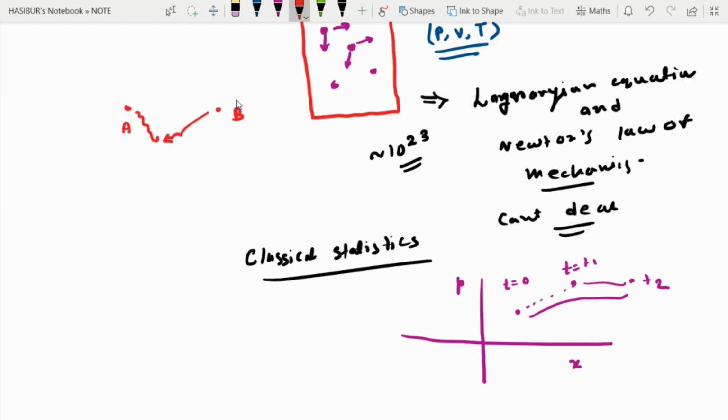After collision the A particle goes towards this direction and B particle goes towards this direction. So you can individually follow the motion of both particles. That's why they are called distinguishable particles. Distinguishable nature is the characteristic of classical statistics.